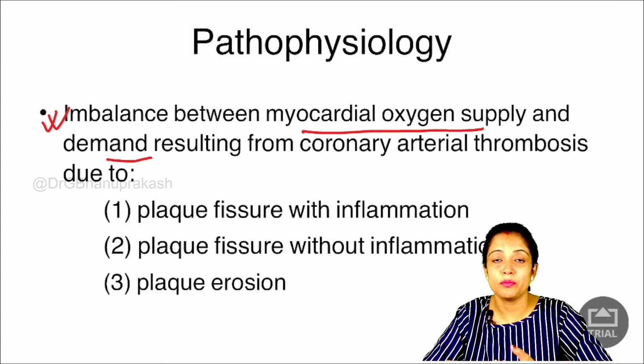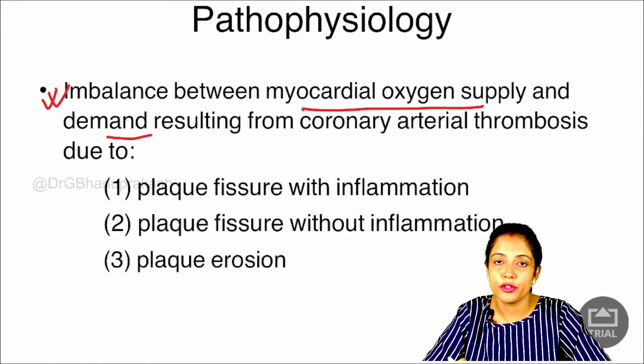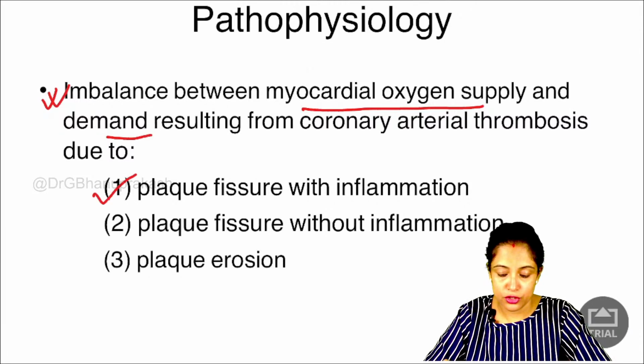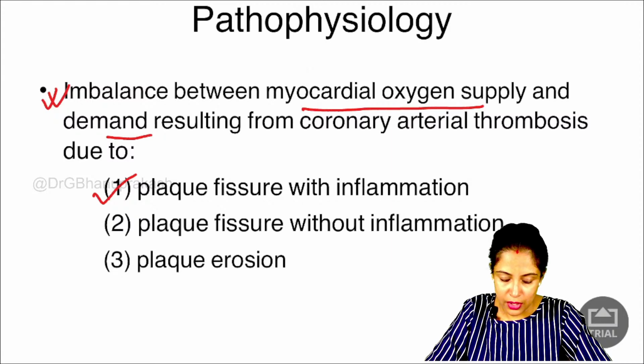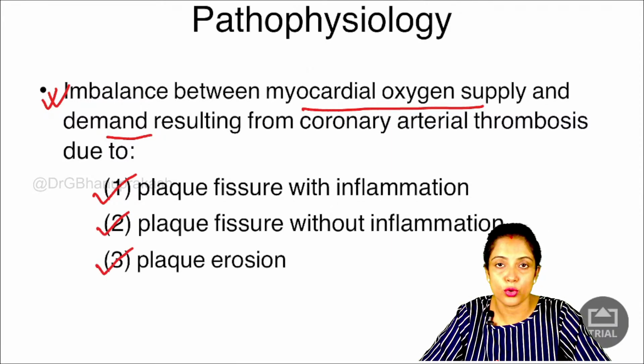That is why the patient develops acute coronary syndrome. The main causes of coronary thrombosis can be of three things: plaque fissure with inflammation, plaque fissure without inflammation, and plaque erosion. I'm going to talk about these plaques.